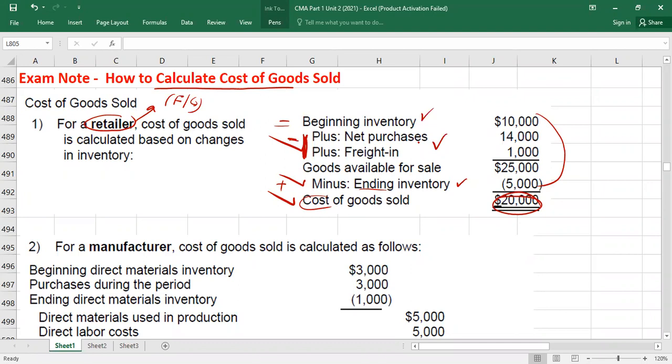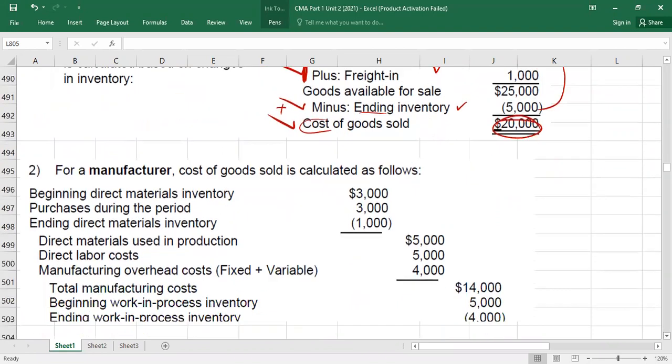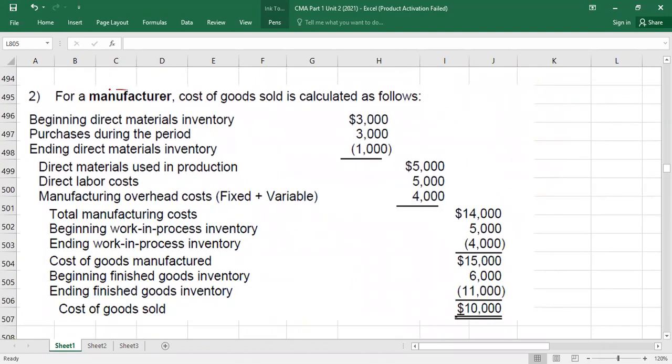Now this is how it will work for retailers. But now we are going to talk about manufacturers. Obviously, a manufacturer will have inventory in three shapes. First, raw material.